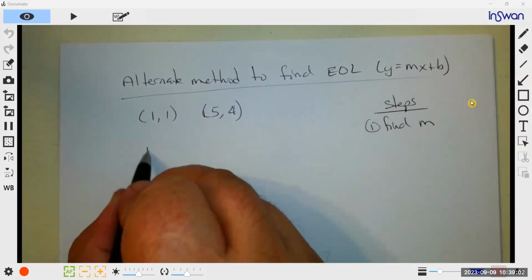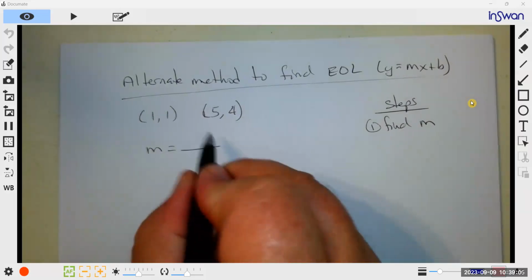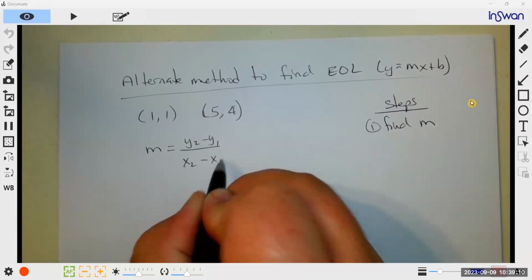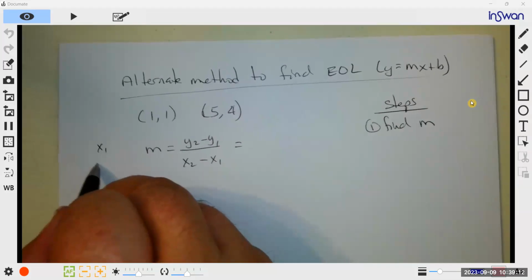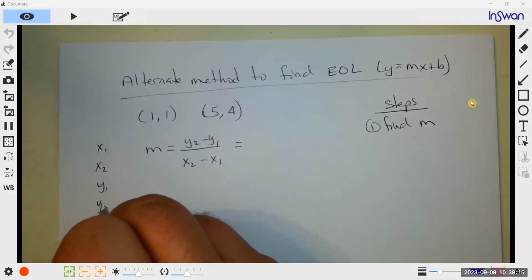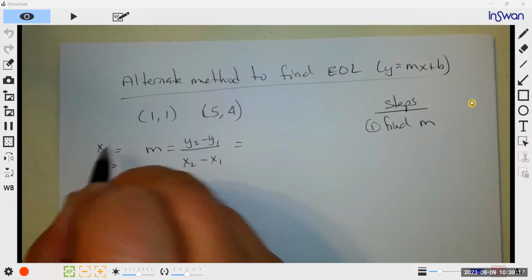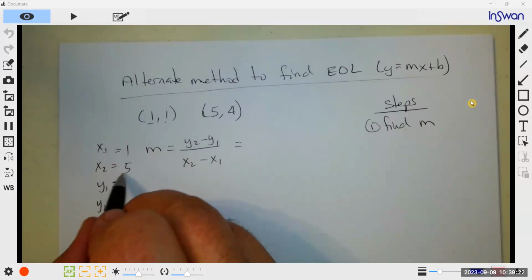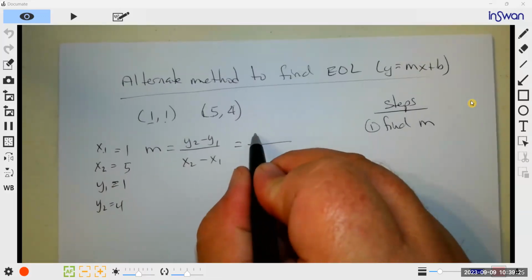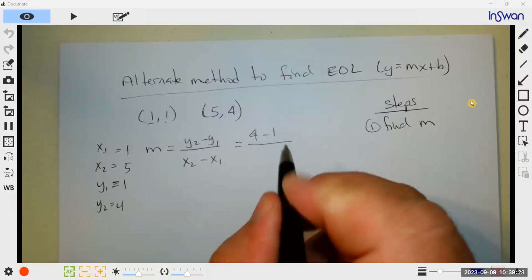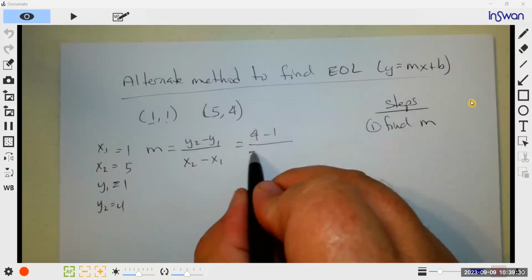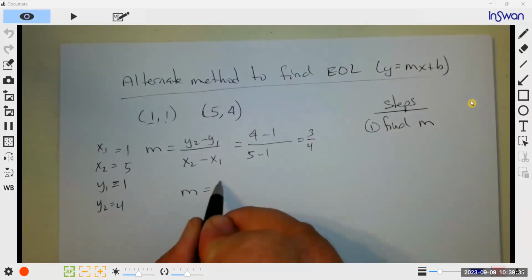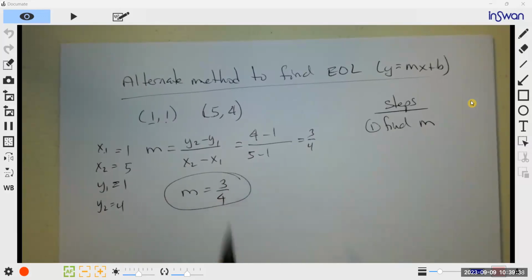Find the slope, y2 minus y1 over x2 minus x1. So (1, 1) and (5, 4). 4 minus 1 over 5 minus 1, so we get 3 over 4. The same way we did last time.